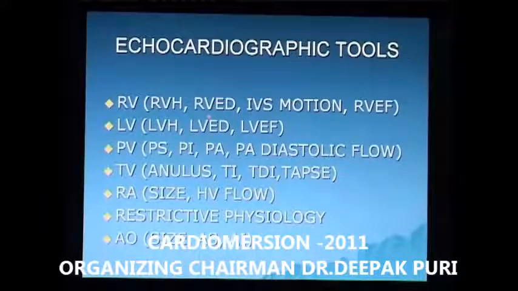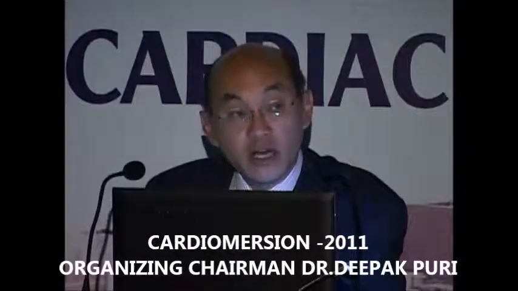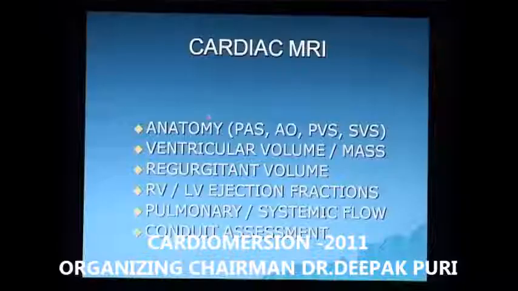Gatzoulis and group have talked about the positive prognostic factor of restrictive physiology, with antegrade early diastolic flow seen in the pulmonary arteries. One would also be looking at the aorta, both in terms of its size, patency and competency of the aortic valve.